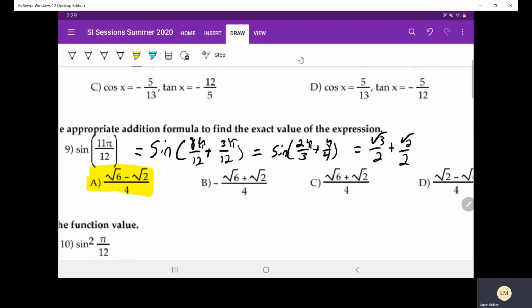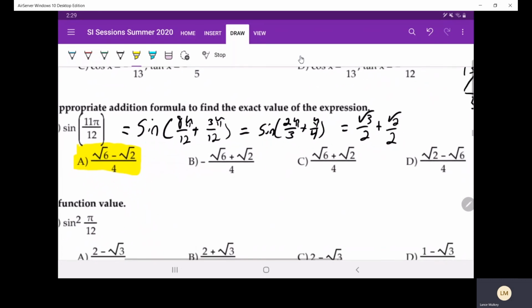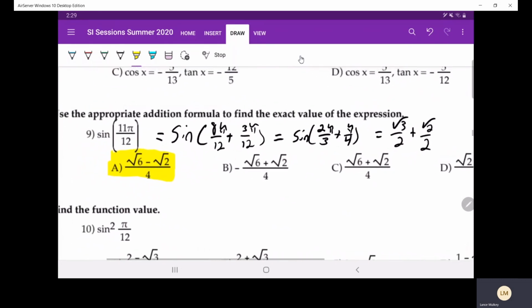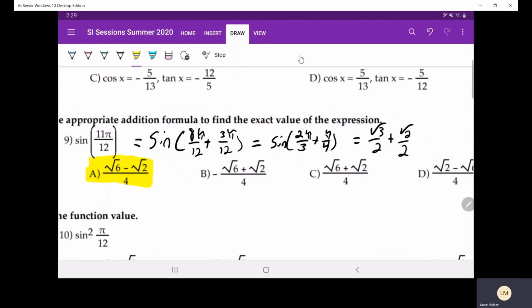This should not be on a test, but he may throw it on there. You're going to have to look this one up. The calculator said it was A.